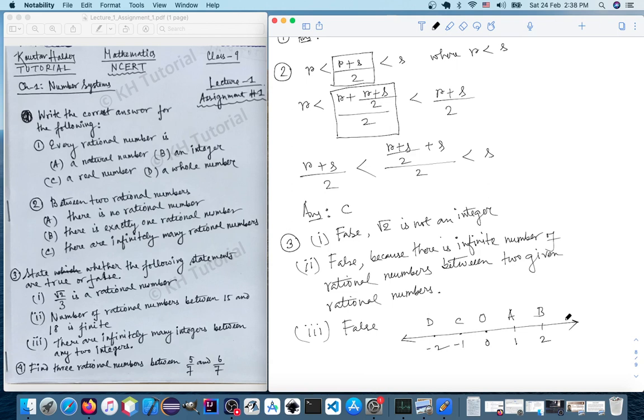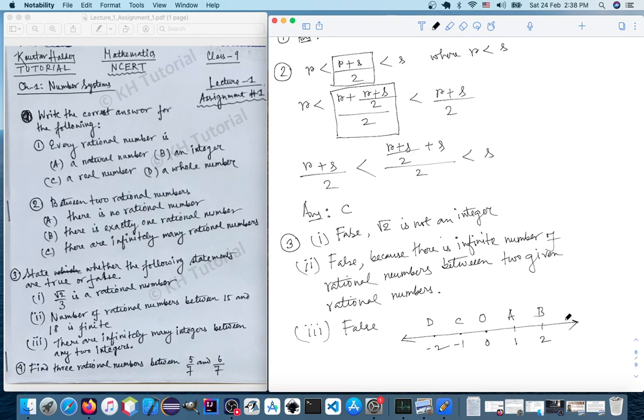Then you might think that there are infinitely many integers between them, but those far extreme integers are not defined. We have not studied that concept yet; you will when you are in class 11 or 12. So based on whatever we have learned so far, this statement is false.